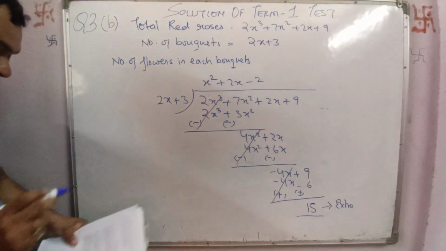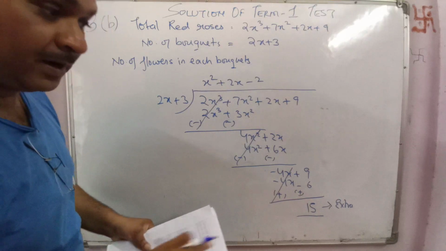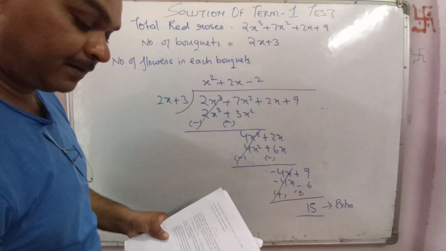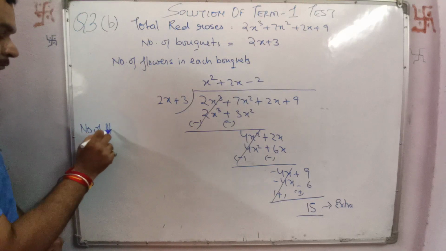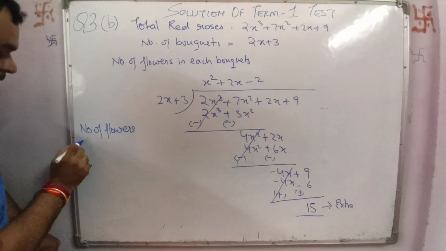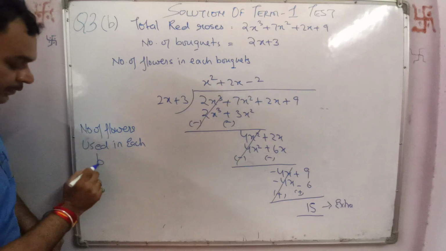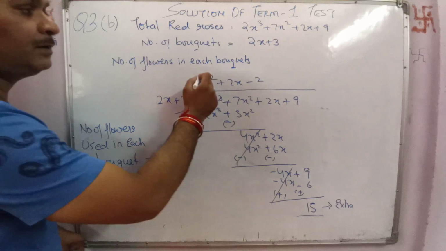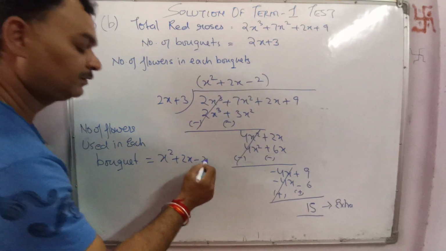But the question was, find the number of flowers used in each bouquet. They are not asking how many extra flowers were left. You have to find the number of flowers used in each bouquet, which is equal to the quotient, x square plus 2x minus 2.